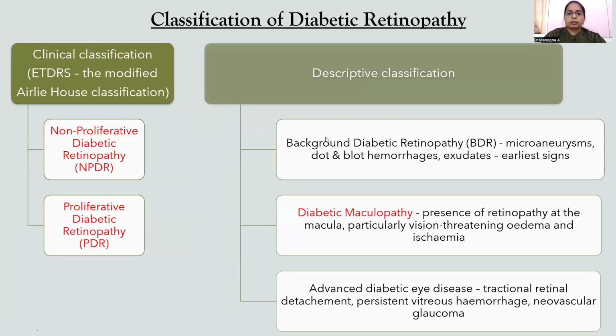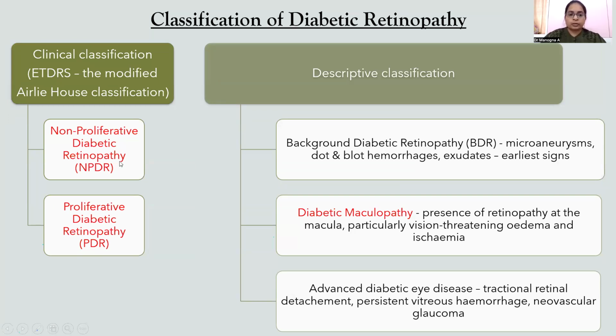Okay, so pathogenesis is over, clinical science is over. Next is classification, which is very important, and you will already know about it from UG, right? There is the clinical classification, or ETDRS, the Early Treatment Diabetic Retinopathy Study. They classified the disease as non-proliferative and proliferative diabetic retinopathy, NPDR and PDR.